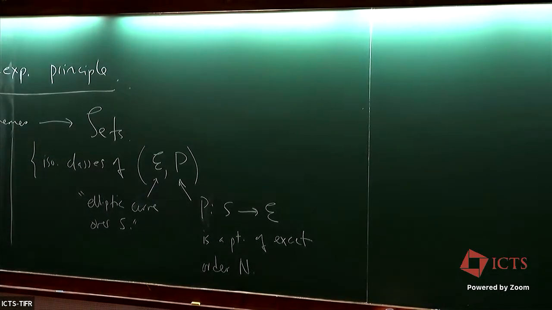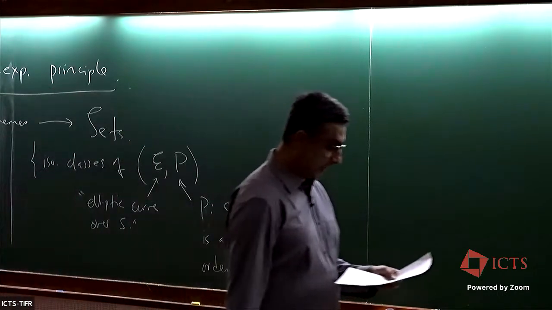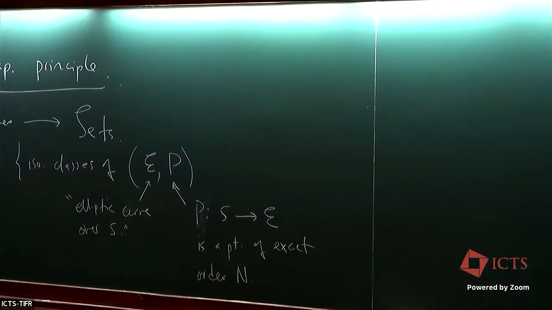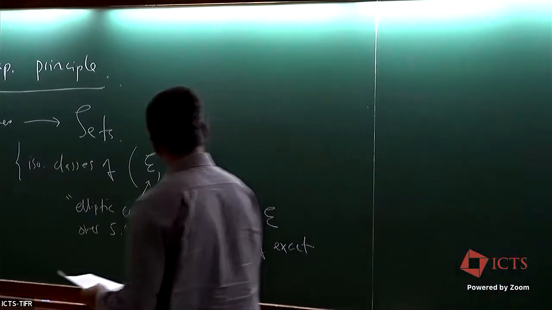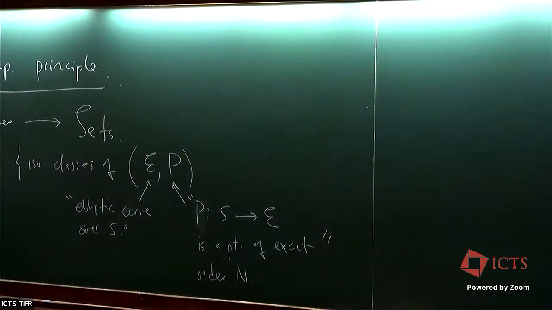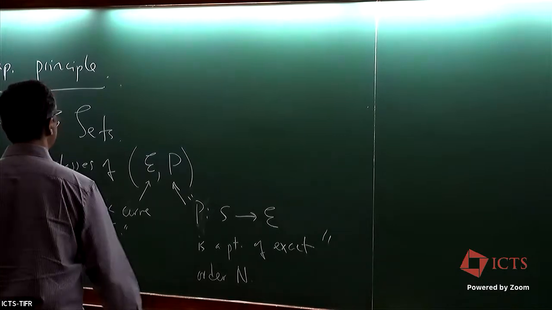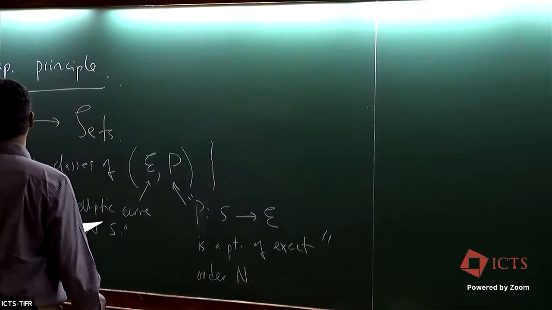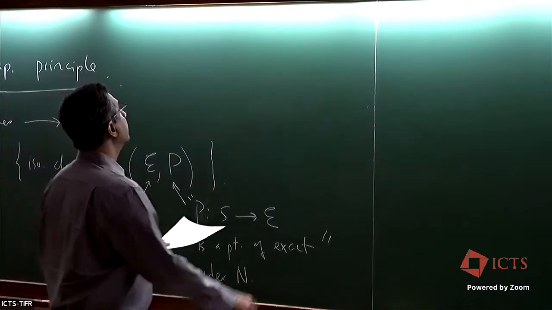That means that if you pre-compose this with the map Spec K to S, in other words, you take a geometric point, then the composition all the way into E_K, that element in E_K has exact order n. So this is supposed to mimic what we had already done in the first lecture. We had taken an elliptic curve and a point of order n. Now we're working over any base. Okay, so these are the objects, F_1n(S).